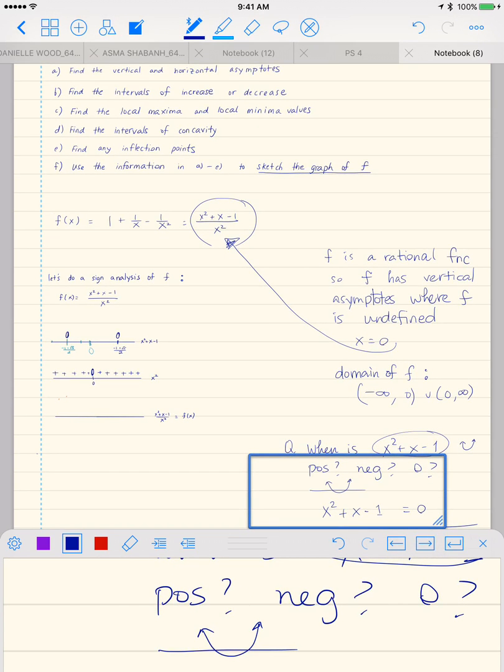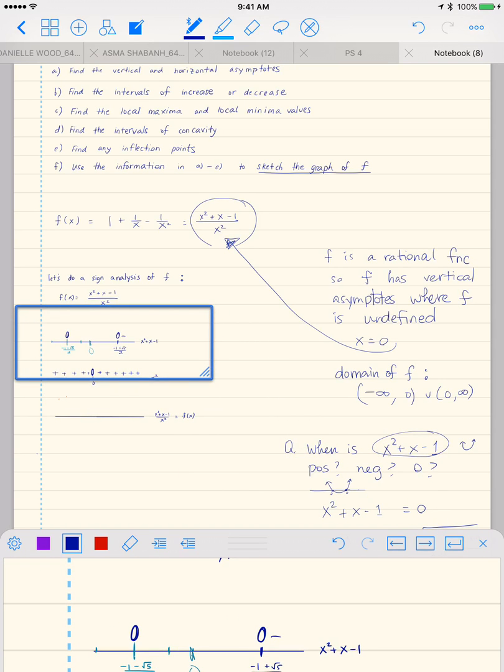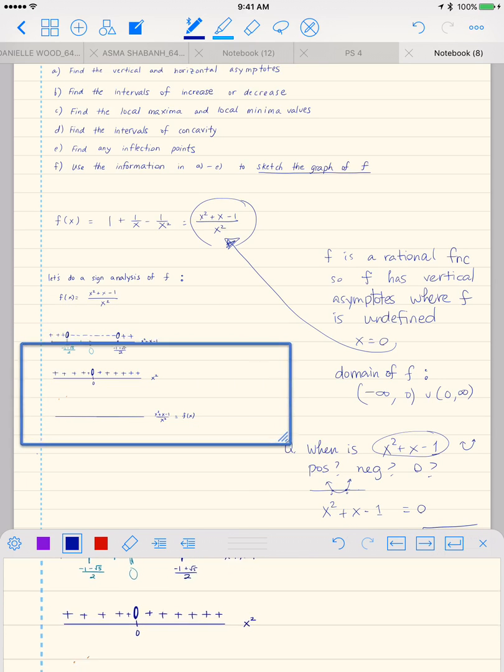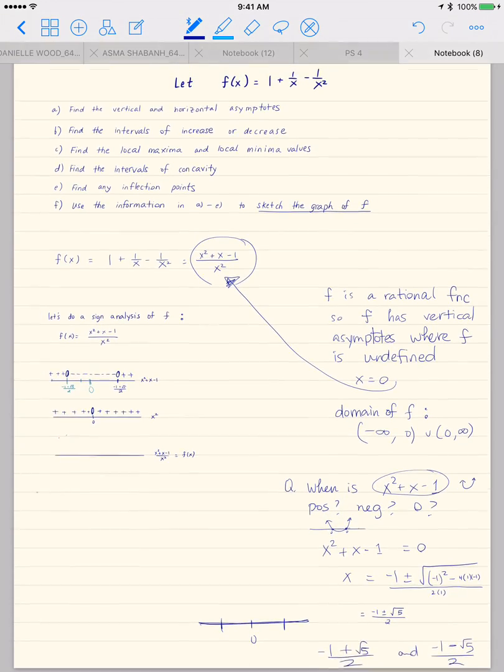So if it has two intercepts, that means the function is positive outside those intercepts. So I can go ahead and fill this in. And negative inside those intercepts.